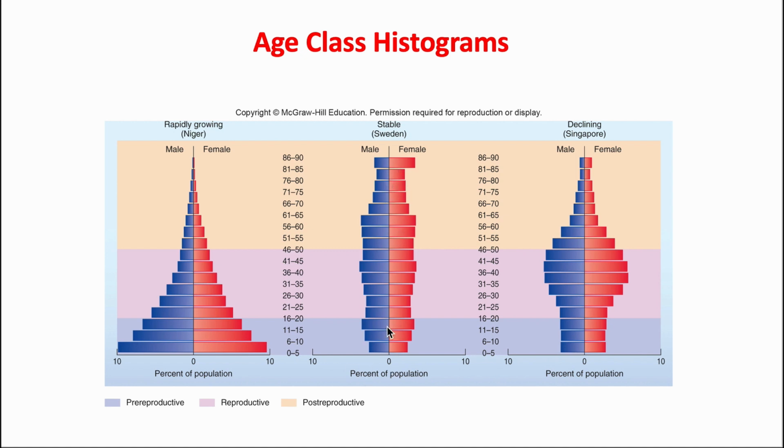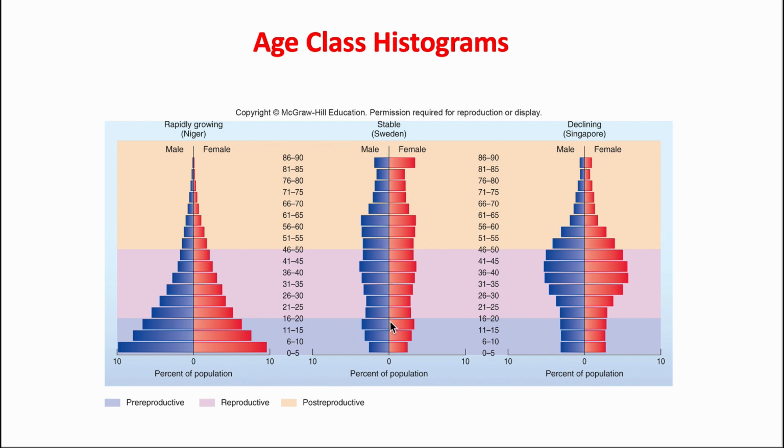In a stable population, like what we see in Sweden, the young population is very similar to the middle and older age classes.